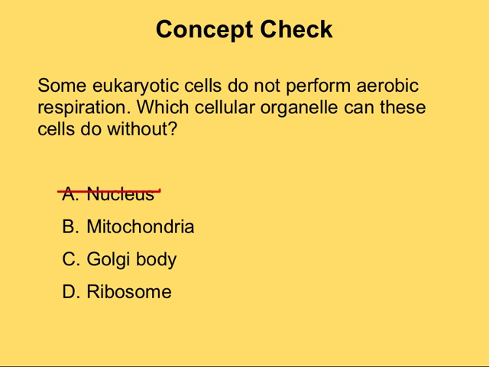That was transport out of the cell, so that doesn't have anything to do with aerobic respiration. Ribosomes are about protein synthesis, so what we're left with is mitochondria, the powerhouse of the cell. They undergo aerobic respiration in order to produce ATP. Some other eukaryotic cells don't perform aerobic respiration to produce their ATP. They have other mechanisms that we'll get into shortly.